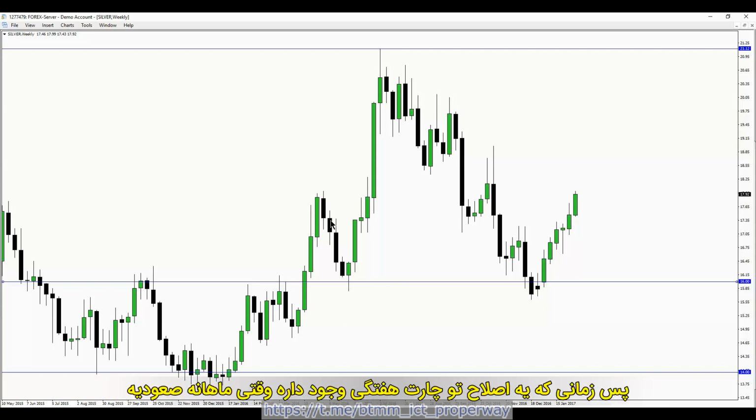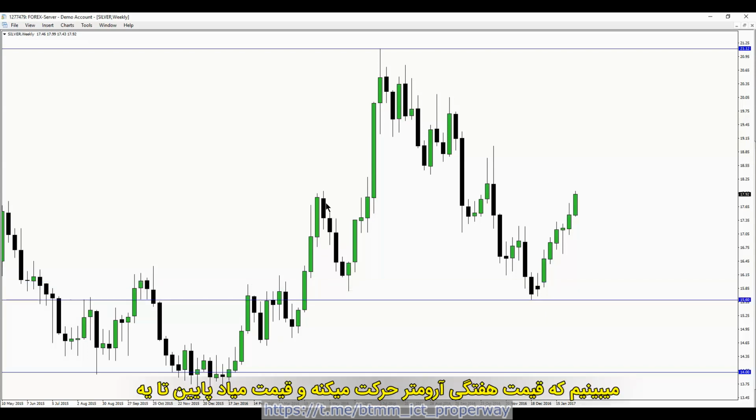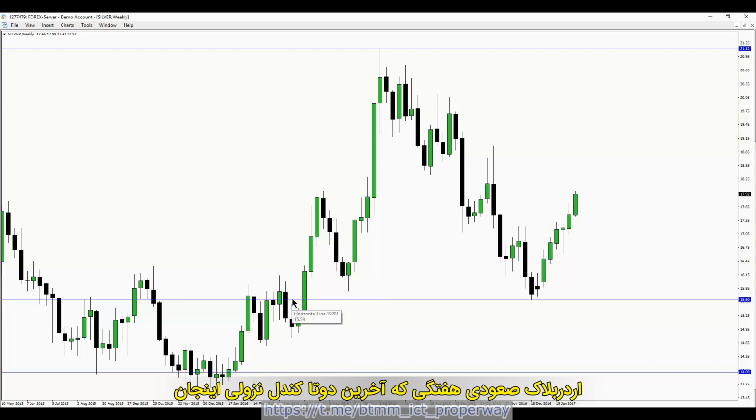So while there's a retracement lower on the weekly chart, while the monthly is bullish, what we do is we wait for price to trade back down into a level that was discerned by the monthly. Okay, so while monthly is bullish, we're seeing weekly prices trading softer, and price comes back down into a weekly bullish order block, which is the last 2 down candles in here.